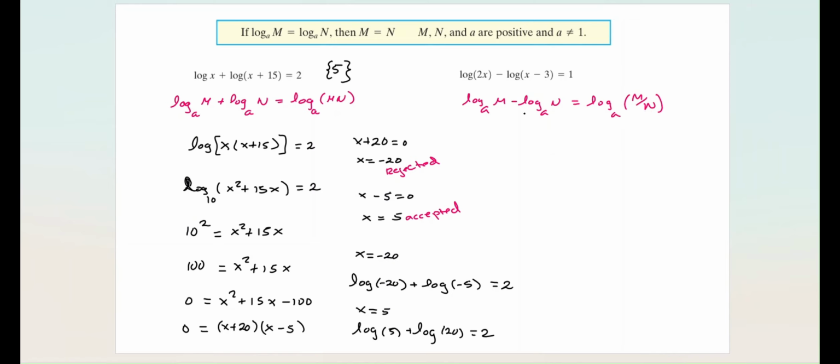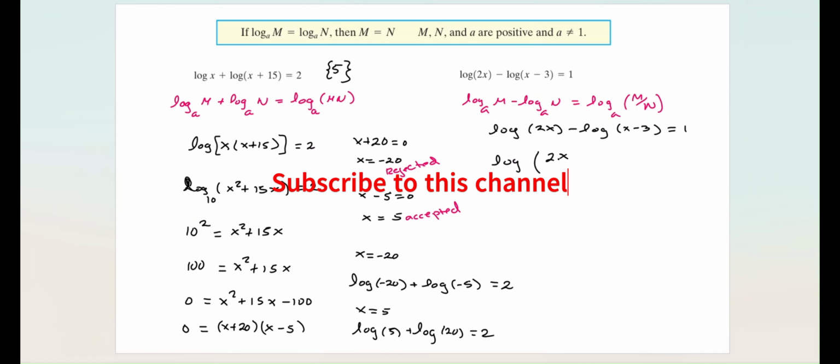So using this quotient rule, I can say that log of 2x minus log of x minus 3 equals 1 is the same as log of 2x over x minus 3 equals 1.